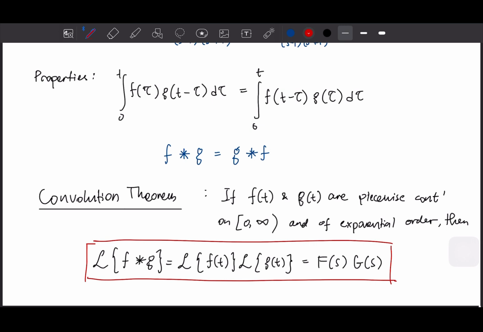So for convolutions, when we take the Laplace, we could think of it as taking the Laplace of each function and multiplying. So we are taking the product: when we take the Laplace, we are just multiplying the Laplace of each function.